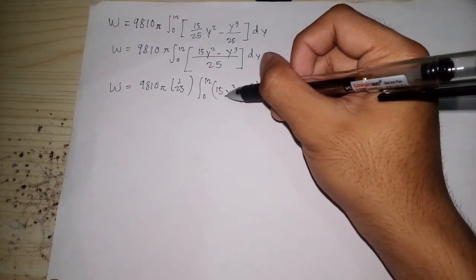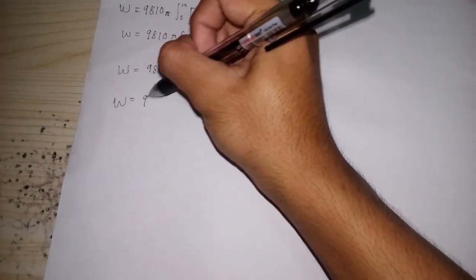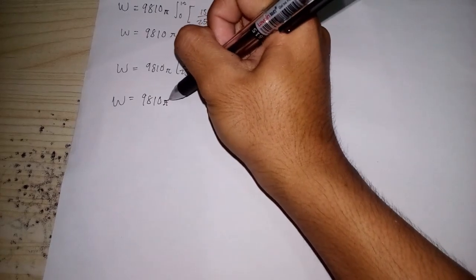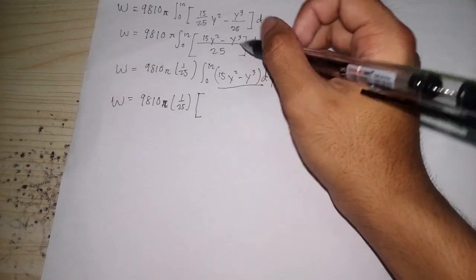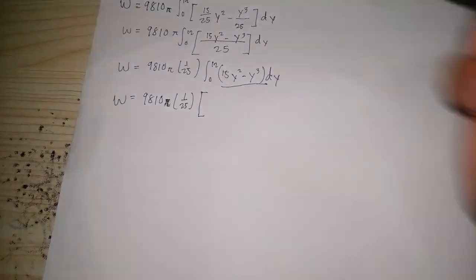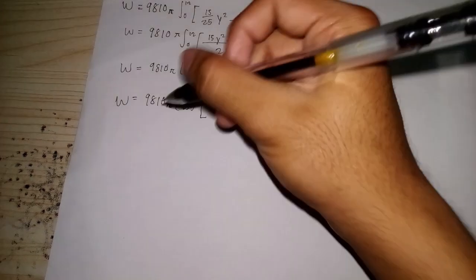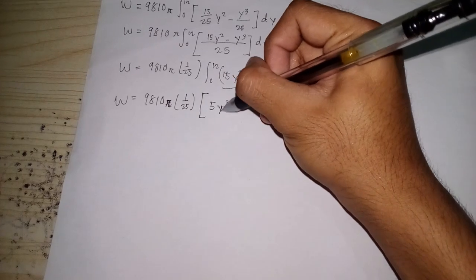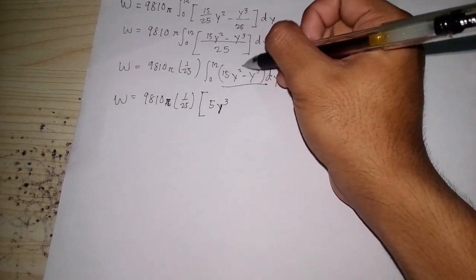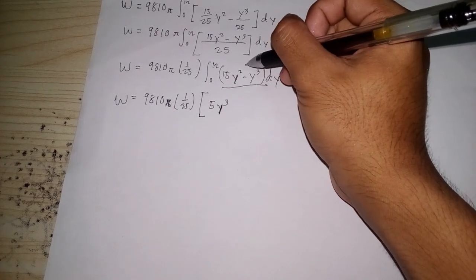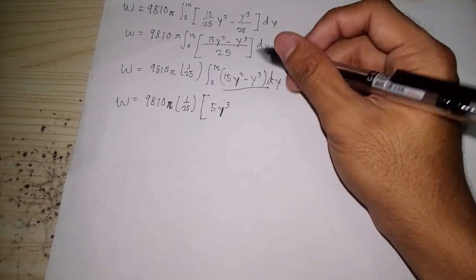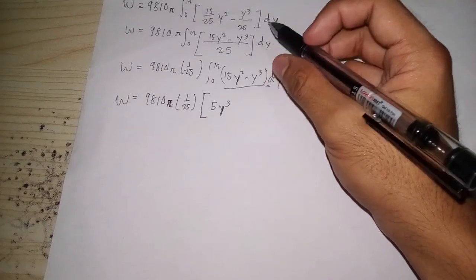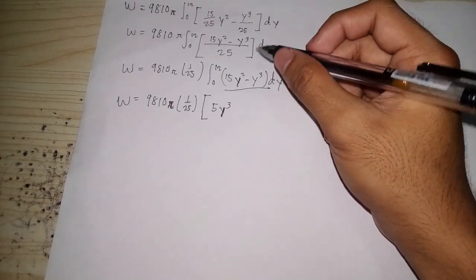Integrating this, we should be able to get work is equal to 9,810 pi times 1 over 25, times 5y cubed, since integrating y squared gives 1 over 3 y cubed, and 15 times 1 over 3 is 5, since 15 divided by 3 is 5.